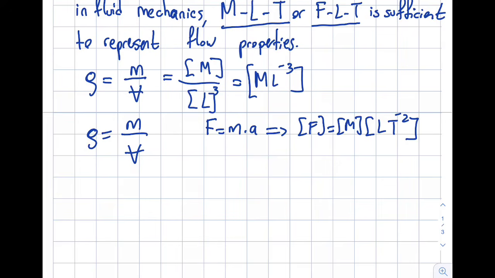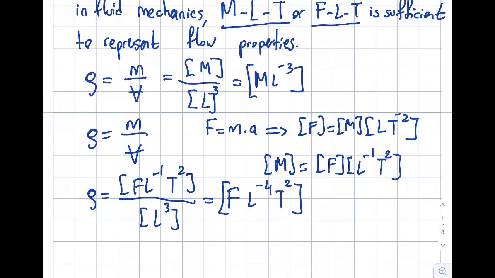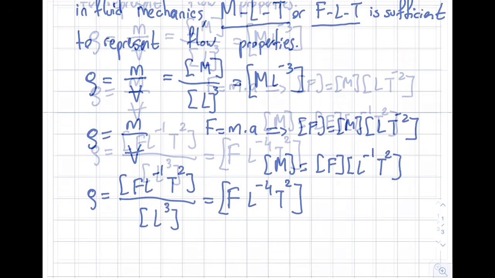So from here, if I go ahead and find my m, I will get F L^-1 T^2. Then I will simply insert it there, so it's going to be F L^-1 T^2. The volume is still L cubed, and if I go ahead and find it, you will see that I obtain F L^-4 T^2. So that is my density in the FLT system.